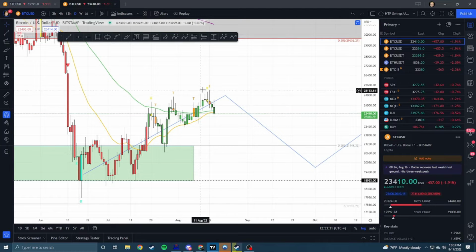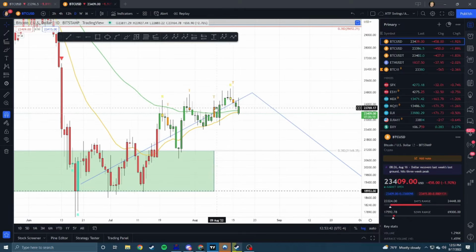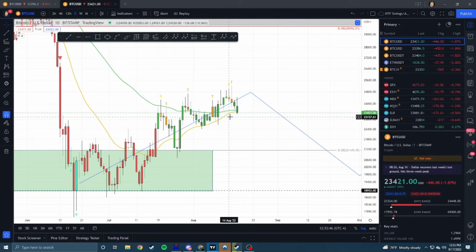And now we got another topping structure, another topping bar, which has actually been confirmed. And I realized we didn't talk about this in the last video, and I should have mentioned it. Confirmation of this topping bar, or a more significant confirmation of a potential local top here, would have been closure below the 55, which is the green EMA, and the 21, which is the yellow EMA.